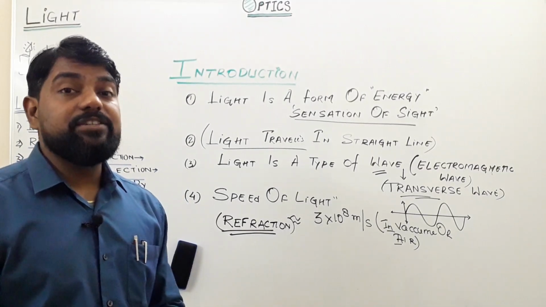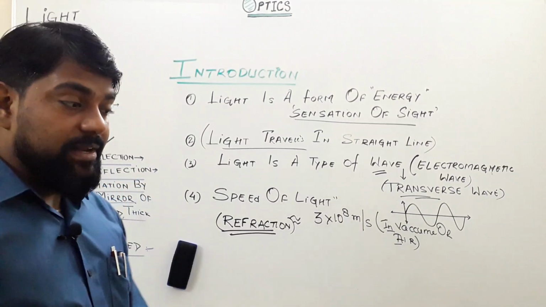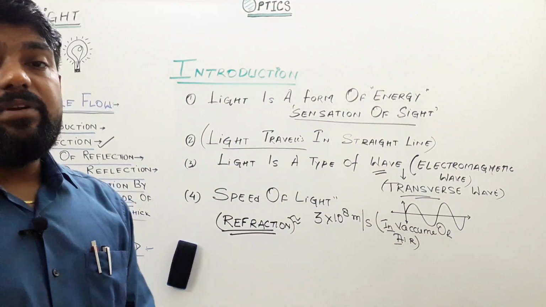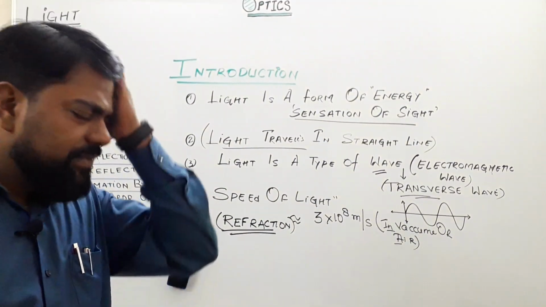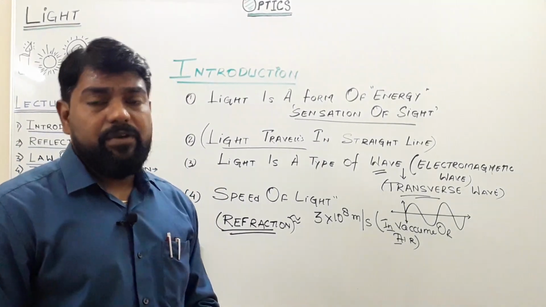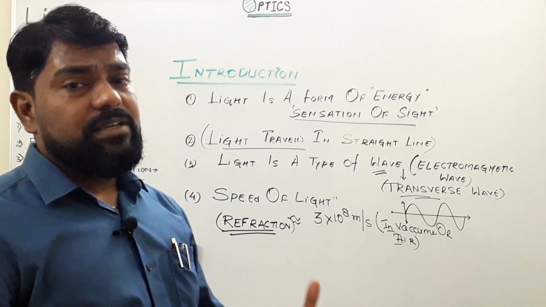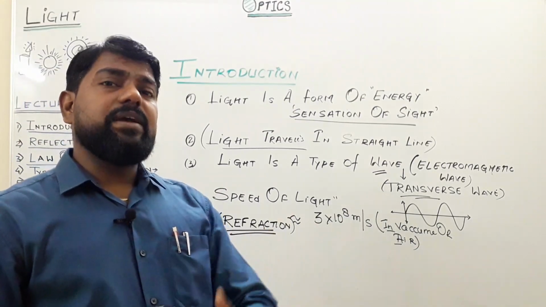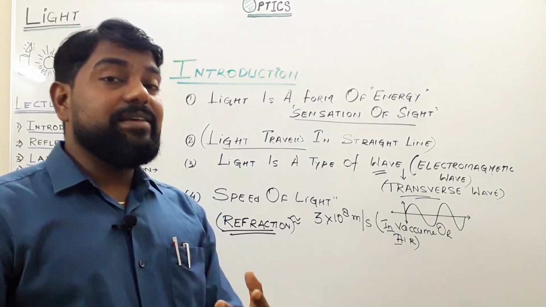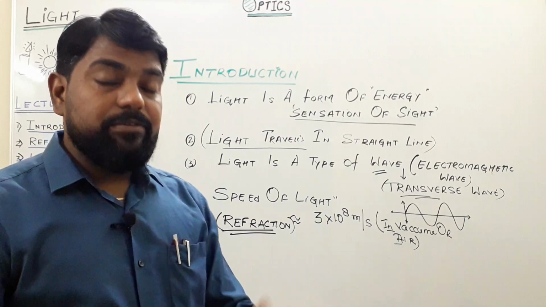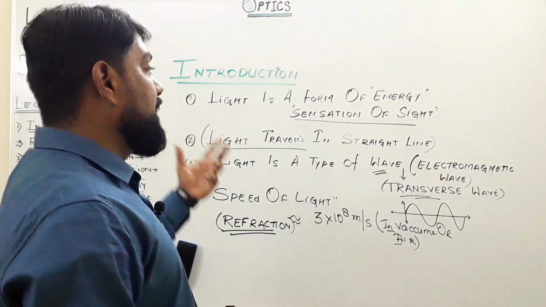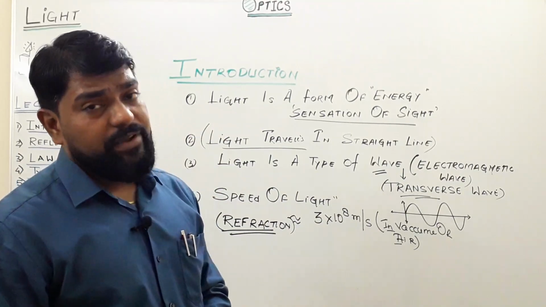Because when certain research has been done on the light, what we have found is that some phenomena related to light can be explained only when we consider it as ray, and some phenomena of light can be explained only when we consider it as wave. Otherwise they cannot be explained on behalf of one nature. That's why it is said that light is what? Dual in nature, particle nature also, and wave nature also.